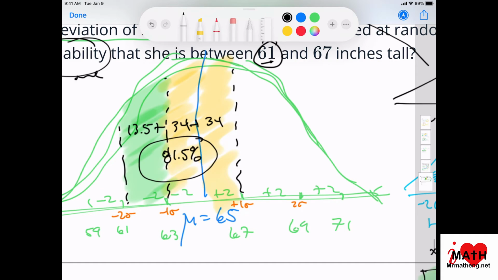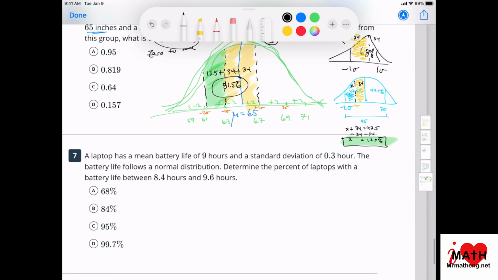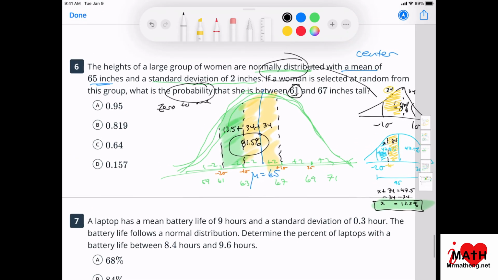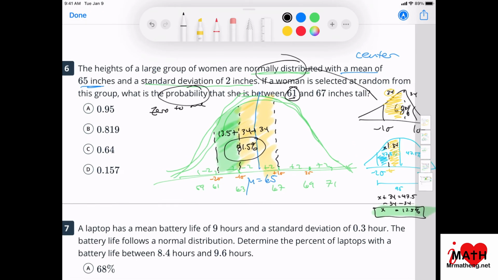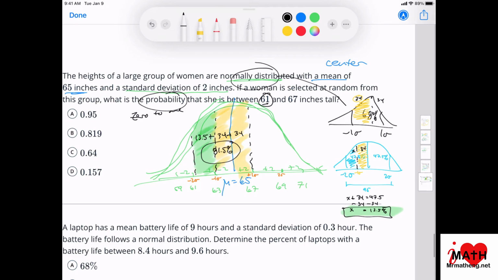And 85.1%. Maybe I messed up on my numbers here. Let's think, 95 divided by 2, 47.5. 47.5 minus 34 is 13.5. 68 plus 13.5, 81.5.